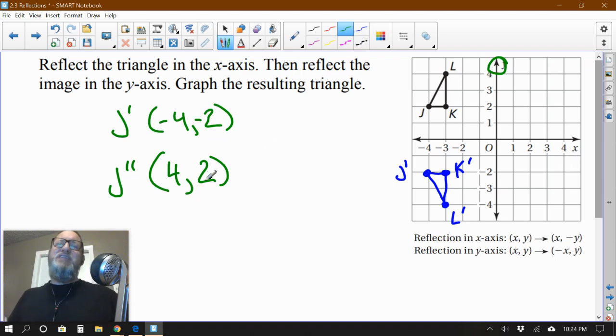Oh, I'm sorry, that was a -2. So it stays a -2. My bad. So again, the x becomes the opposite. The y was a -2, so it has to stay a -2. Made a little mistake there. So (4, -2). There we go. There's J double prime. K prime, let's see, K prime is at (-3, -2).